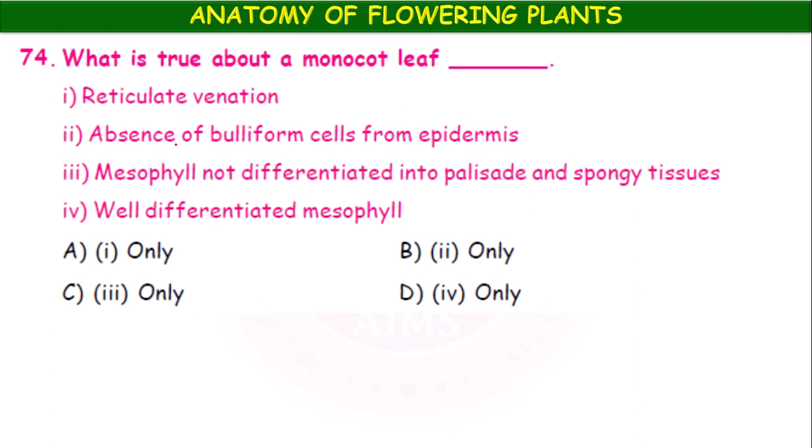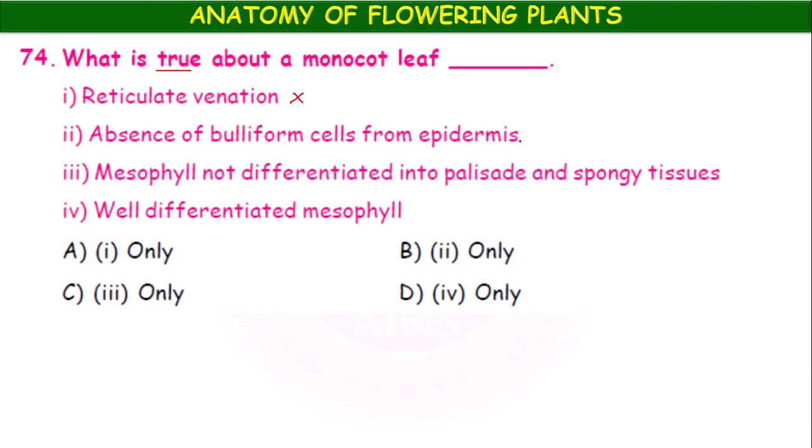Analytical approach type question. What is true about the monocot leaf? Reticulate venation, absence of bulliform cells from epidermis, mesophyll not differentiated into palisade parenchyma and spongy parenchyma tissues, well differentiated mesophyll. We have to select the true one out of these 4 statements. Reticulate venation is present in the dicot leaf.